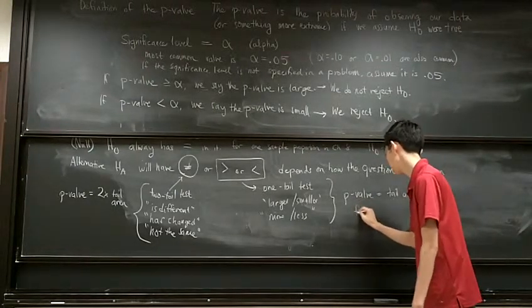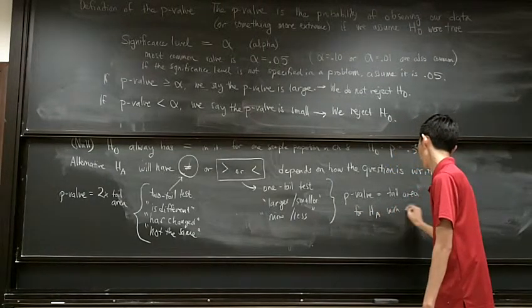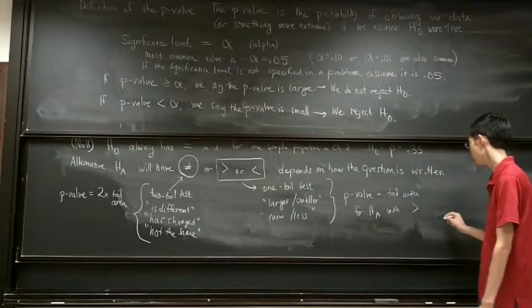So for HA with greater than, take the area to the right.